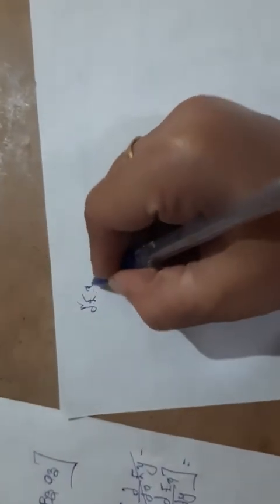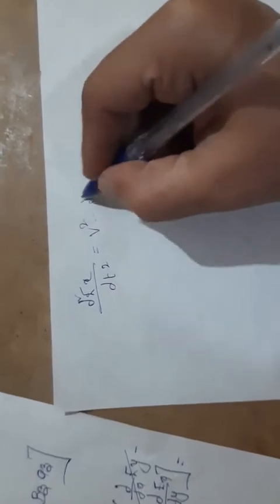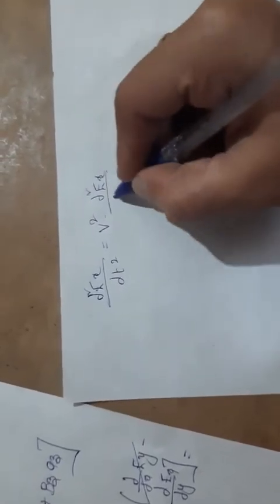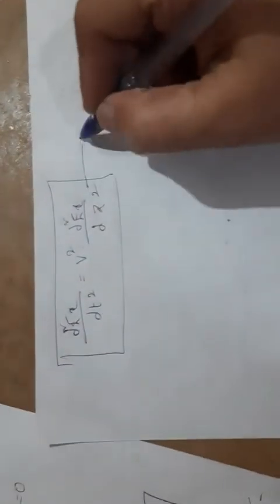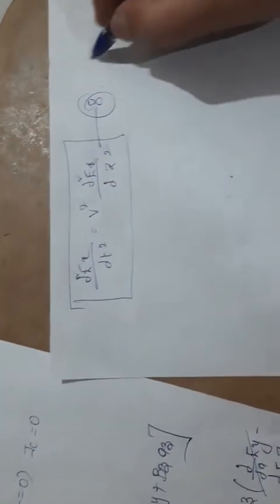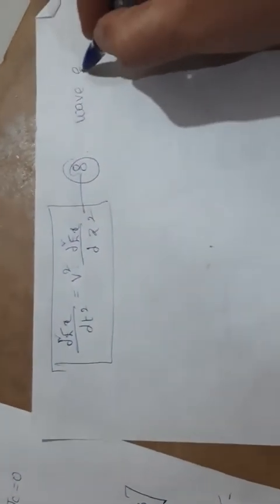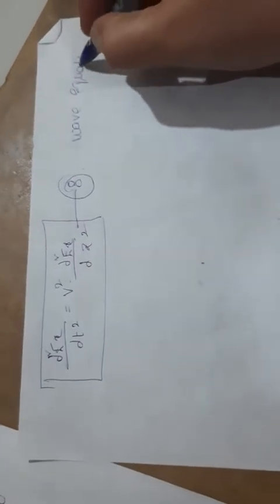So ∂²Ex/∂t² is equal to v square into ∂²Ex/∂z². This is the final expression. Call it as equation 8. And this is known as the wave equation.